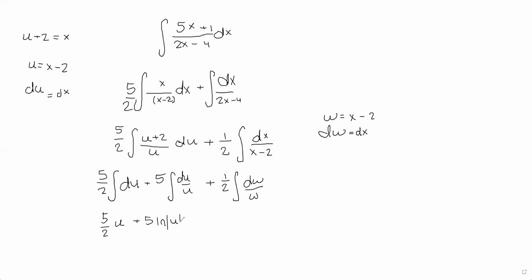And you don't have to put it in absolute value bars. I just try to be overly cautious because we know that the natural log function can't accept any negative values. So I just put the lines there to show that we're only giving it positive values for the argument of the function. The argument only accepts positive values. And then we're going to have plus 1/2, the same thing, where this is going to just be natural log of w.